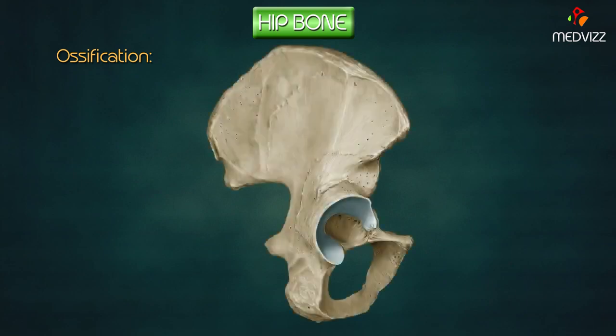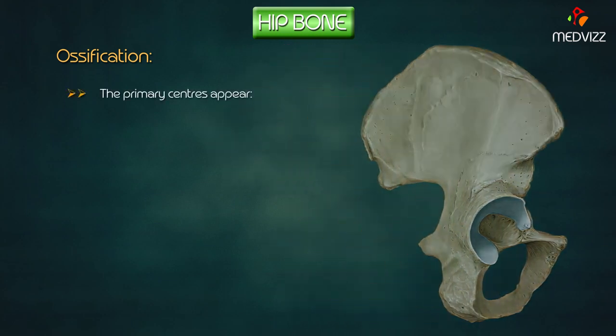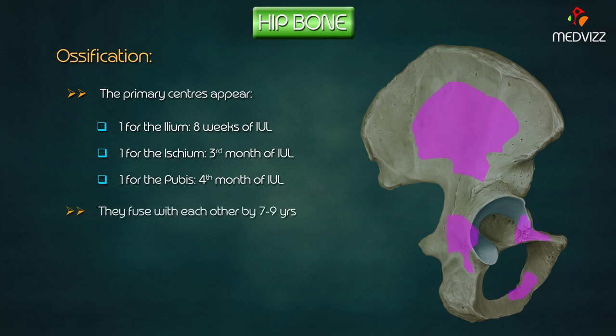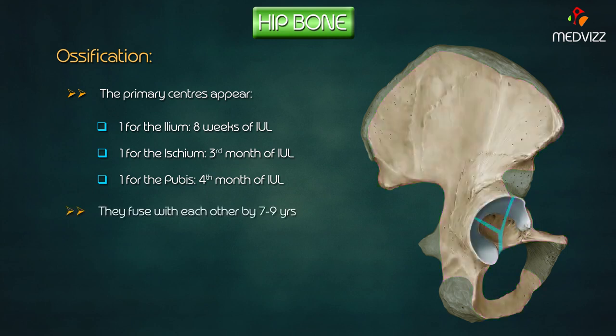Ossification. The hip bone ossifies in 3 primary centers and 5 secondary centers. The primary centers appear as follows: 1 for the ilium at 8 weeks of intrauterine life, 1 for ischium at 3rd month of intrauterine life, 1 for the pubis during the 4th month of intrauterine life. They fuse with each other by 7 to 9 years.